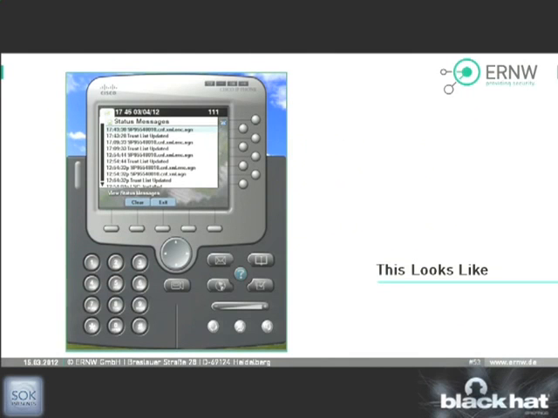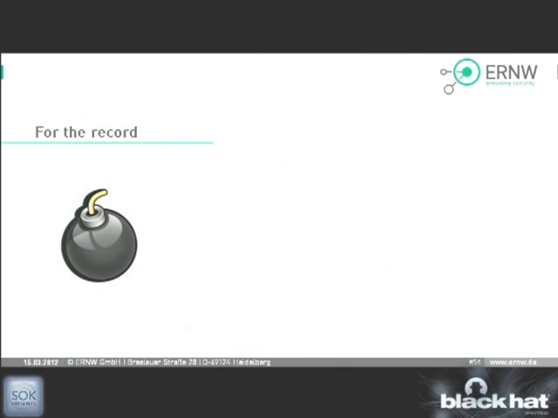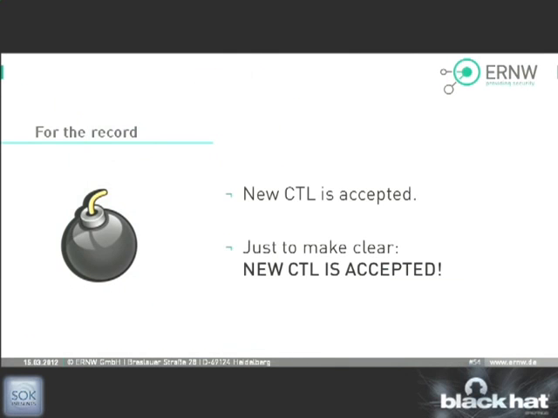And this looks like this. This is the message log from the soft phone itself, and it just says, yeah, trust list updated. There is no message like, okay, there is something weird here, maybe you shouldn't trust those trust lists. You don't see anything, and that's the point. Okay, for the record, the new CTL is accepted.